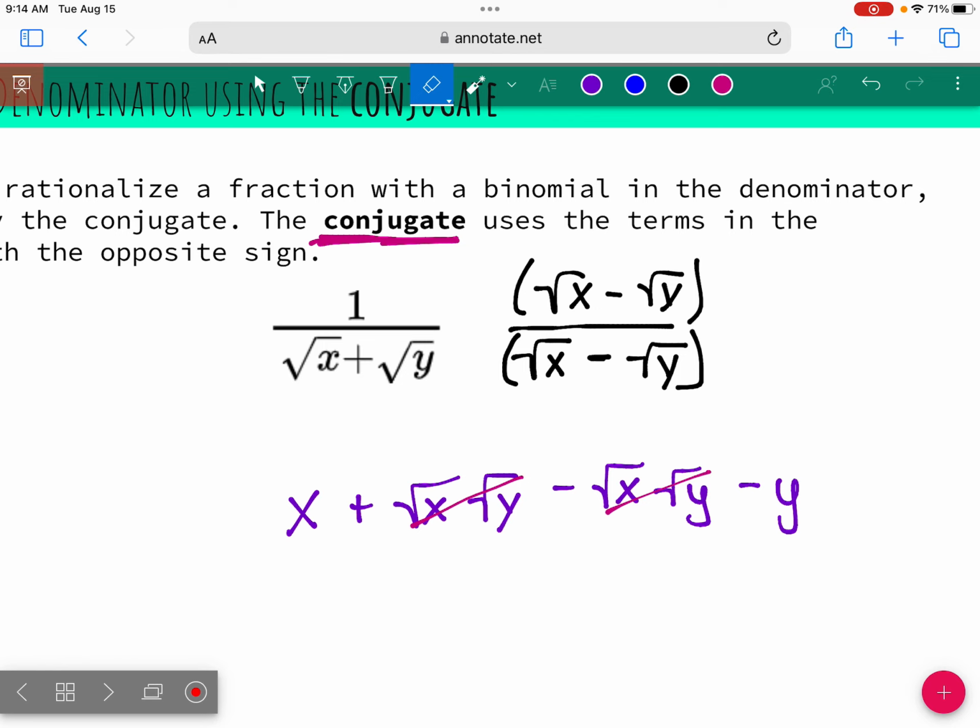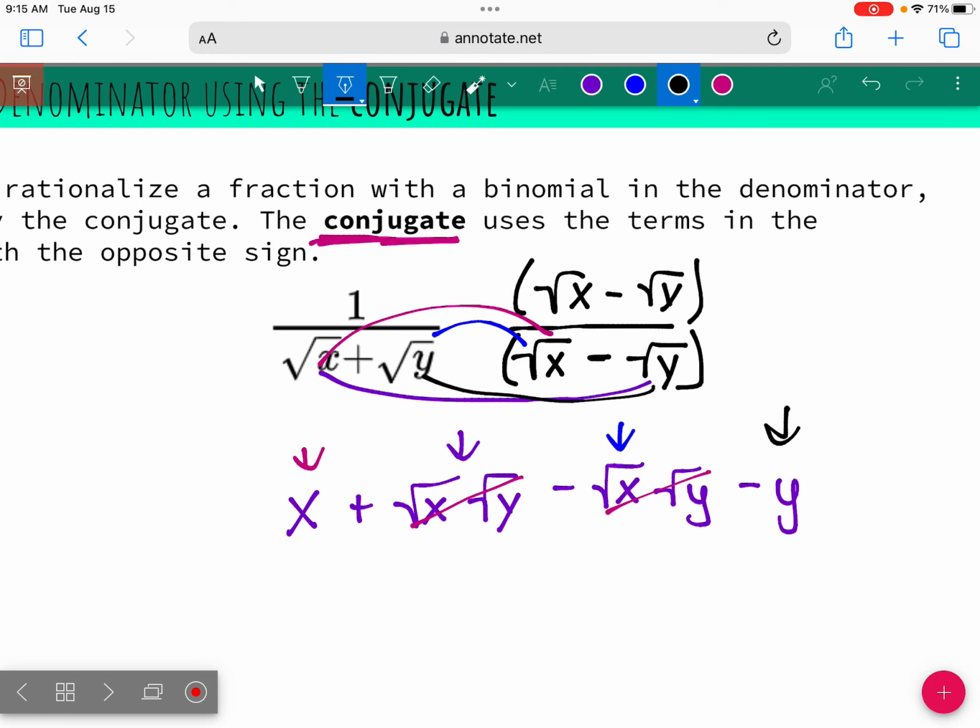The first x came from square root of x times square root of x was this guy. And then square root of x times minus square root of y gave us this one. Square root of y times square root of x gave us this one. And square root of y times square root of y gave us that one. So I know I just got very arrowy up there. But do we see where those pieces come from?